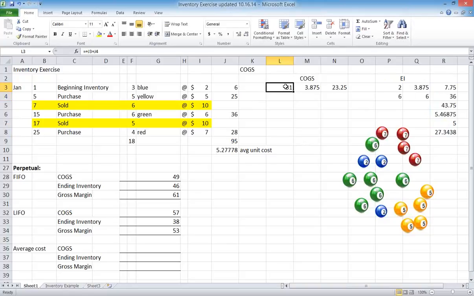I don't know where I got 31 here. Oh, that was my total cost. Okay, never mind. I do know where I got it. So actually what I sold was 6.